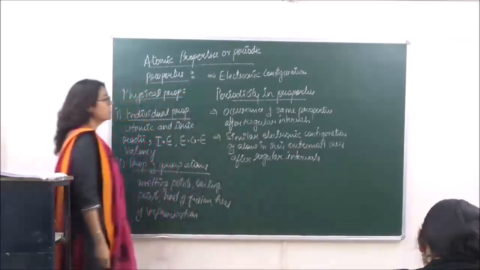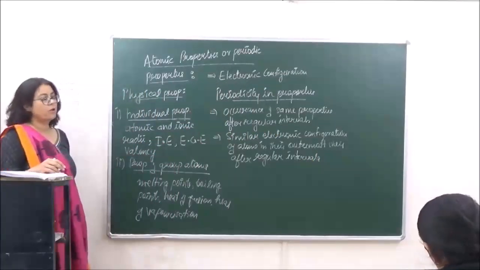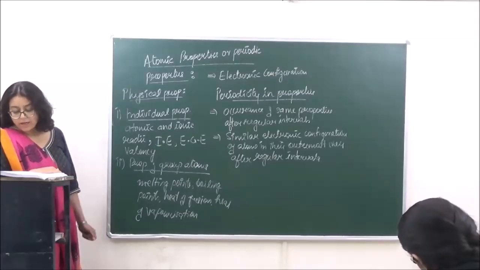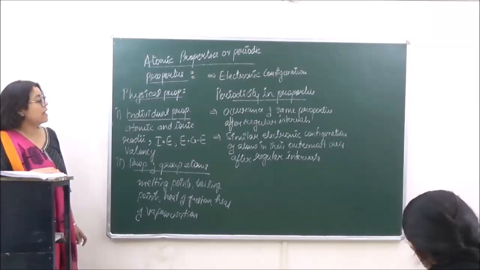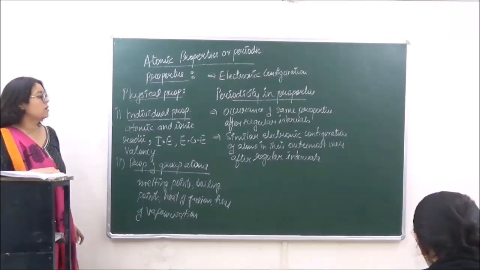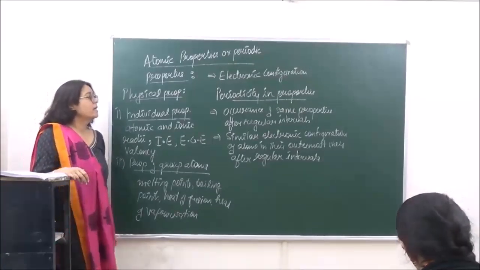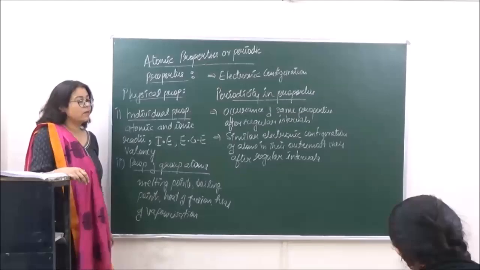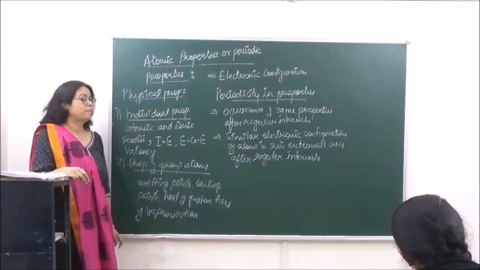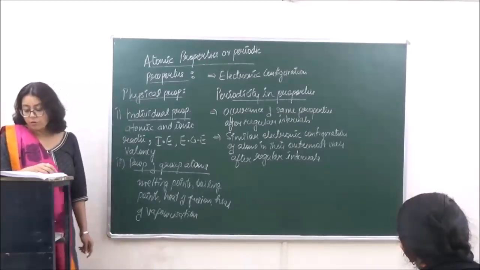After regular intervals, that is the cause of periodicity. Okay, so after regular intervals we have the same electronic configuration in the outermost shell. That is why the chemical properties after regular intervals are going to be the same. Okay, that is the cause of periodicity.